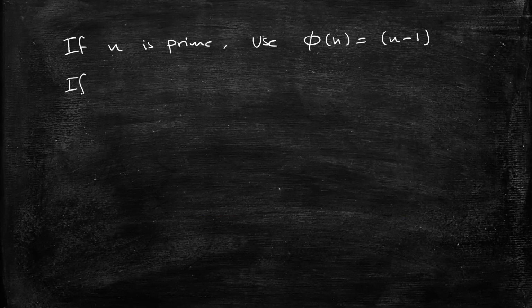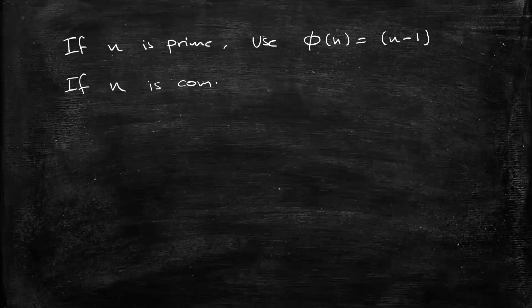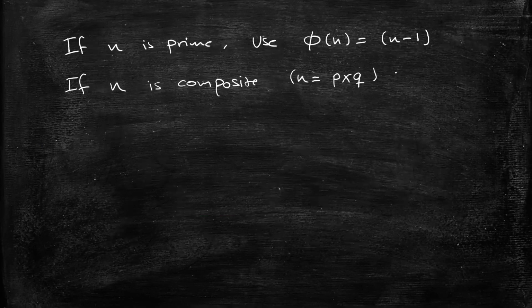However, if the number n is a composite number, and what we mean by composite is that it can be expressed as the product of two numbers, we'll just call them p times q, where p and q are primes, then we're going to be using this totient function.